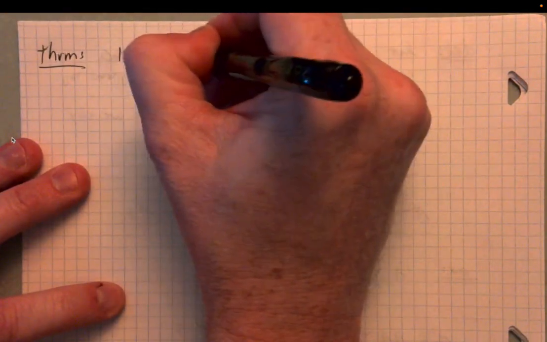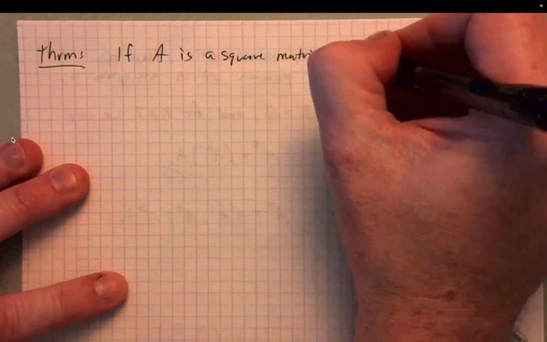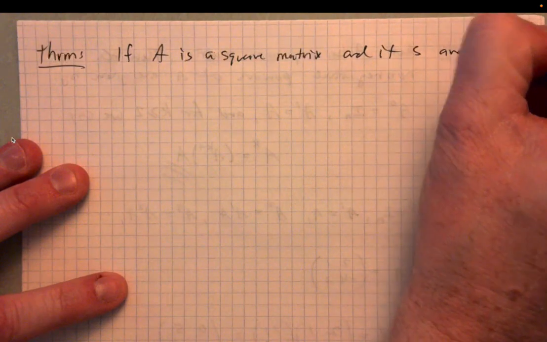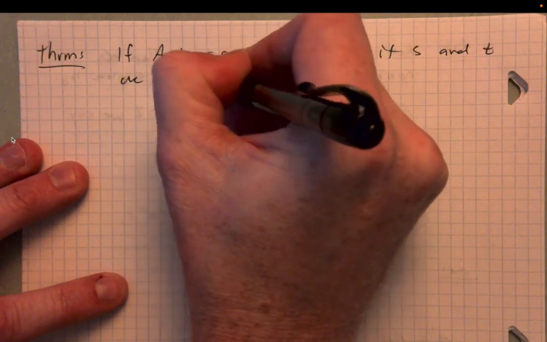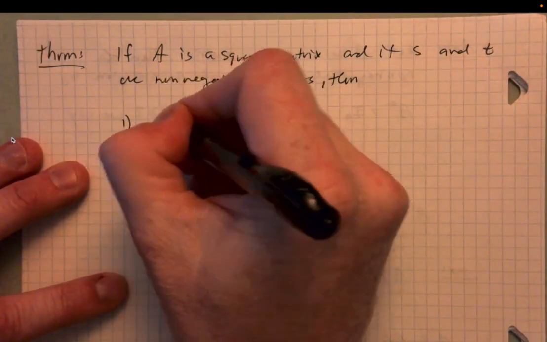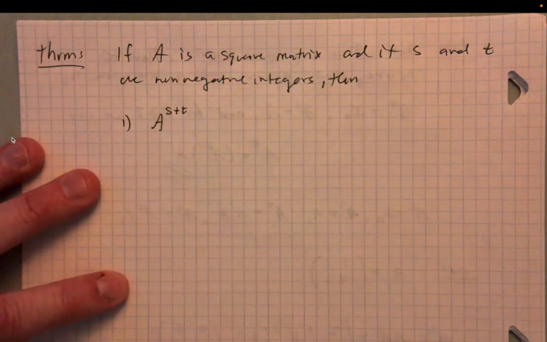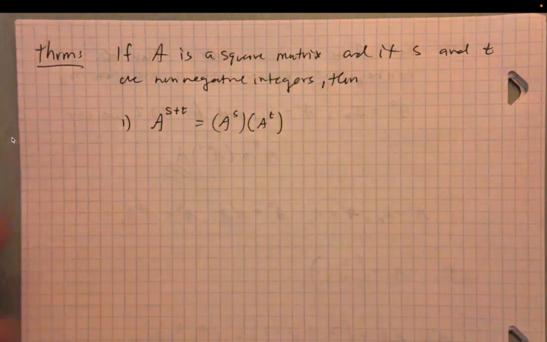This is going to be a theorem related to exponents of matrices. If A is a square matrix, and if S and T are non-negative integers, then first, A to the power S plus T is equal to A to the S power times A to the T power.